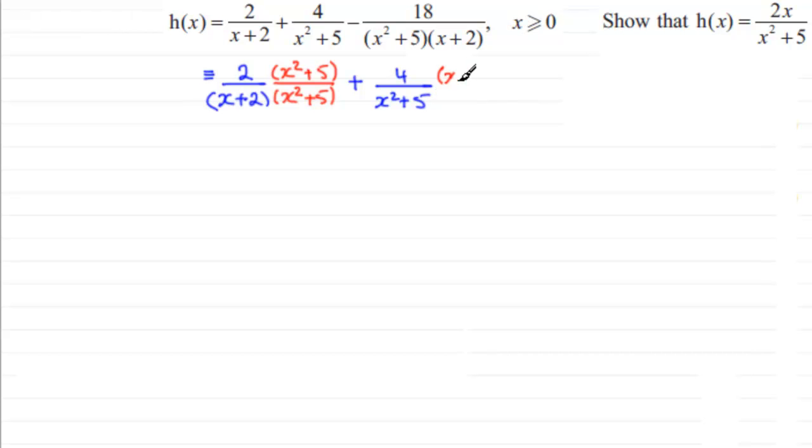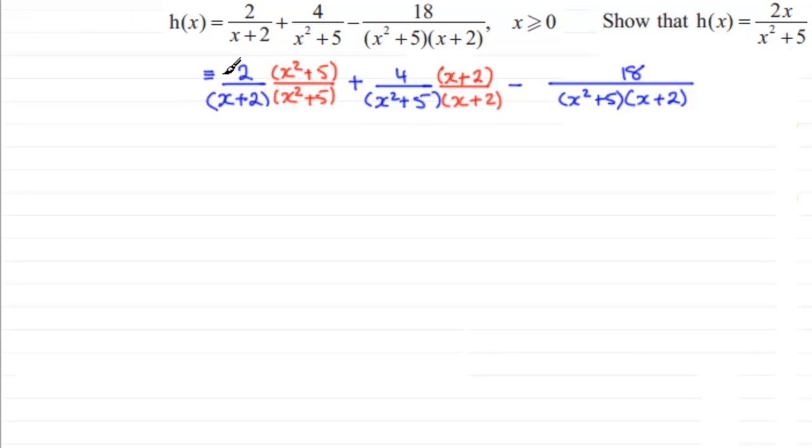So just do that there, x plus 2 over x plus 2. And again, we'll put this one in brackets. Now when it comes to this last fraction, we don't have to do anything. It's already over that denominator of x squared plus 5, x plus 2. And we've got just the 18 then on top.